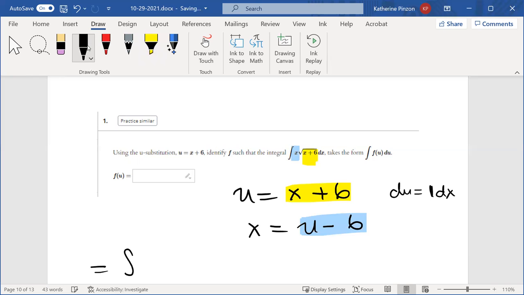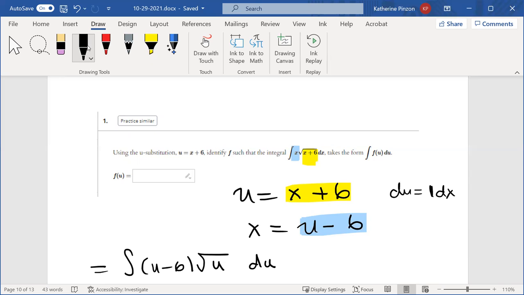So this integral is going to look like u minus 6 square root of u du. I think you can probably leave it like that. Oh, we don't have to. You don't have to compute the integral. You just have to say what would the function be in there, if u was x plus 6, yeah.